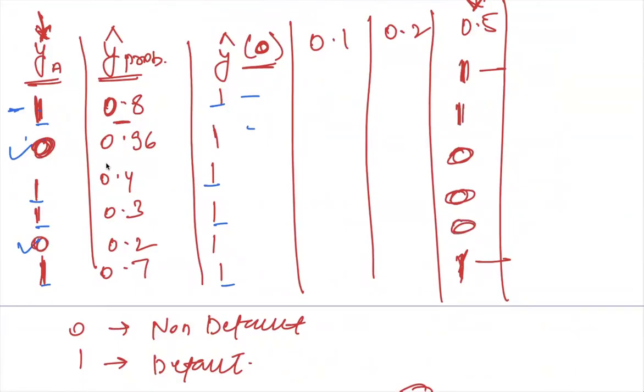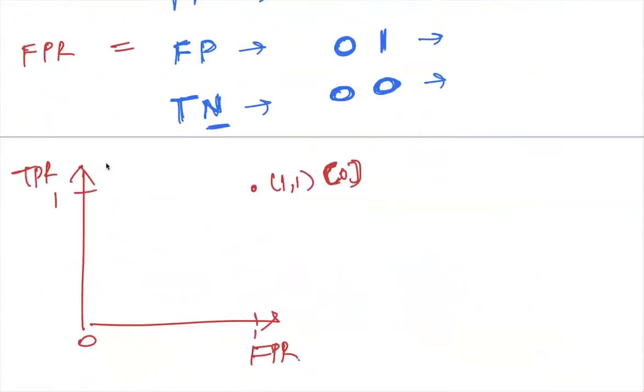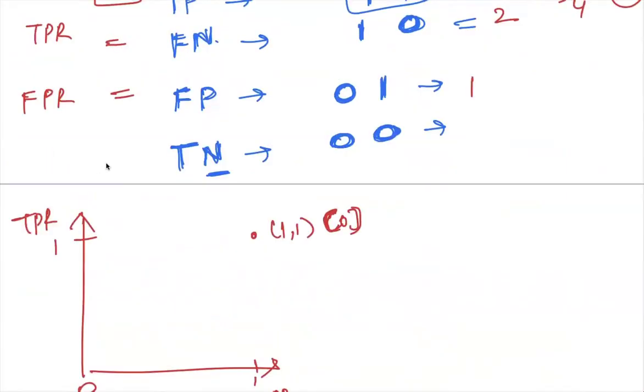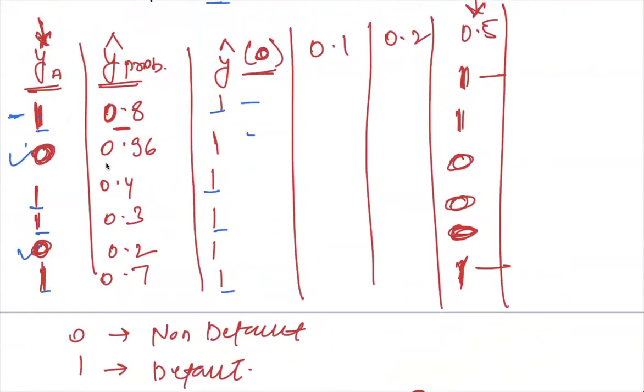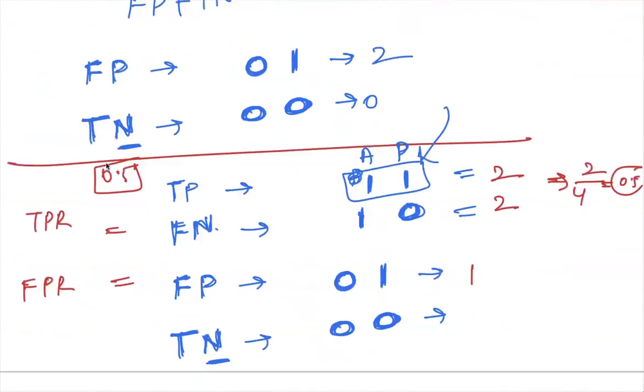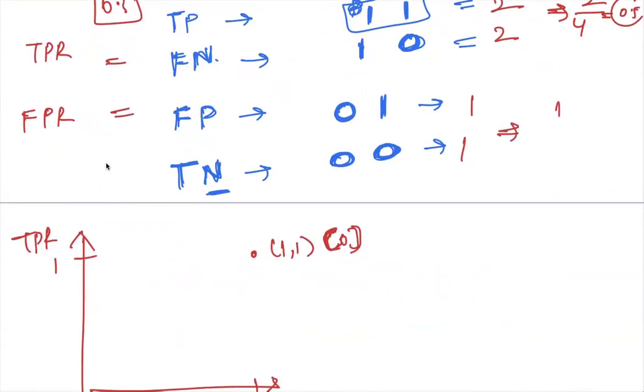For 0, 1 we only have one case. And for 0, 0, how many cases do we have? Only one, because here it is 0, 1, but for 0, 0 we have it here. So this will be 1 by 1 plus 1, which is 1 by 2, which is 0.5.